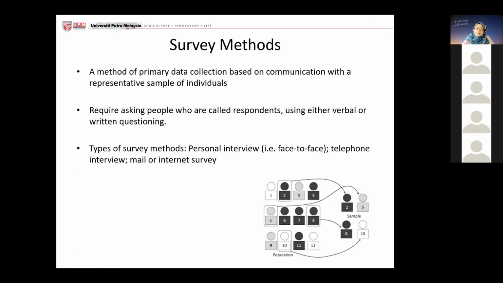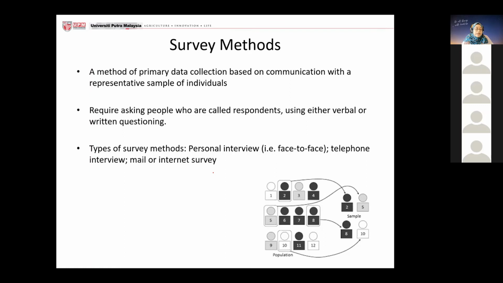Survey methods. The method is primary data collection, where you ask your respondents using either verbal or written questioning. Remember, this is a survey. The types of survey methods can be personal interview, telephone interview, or mail or internet survey.